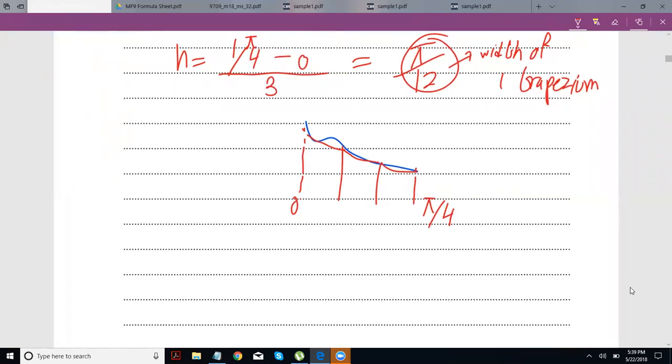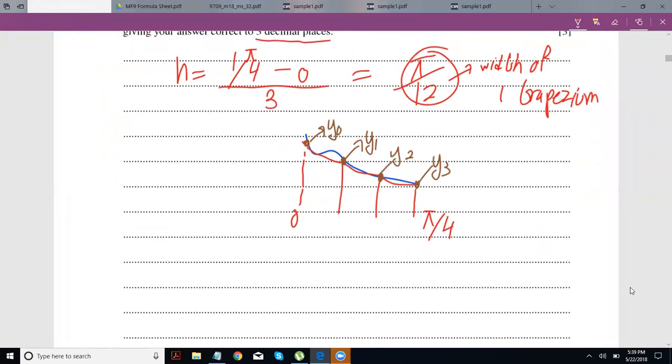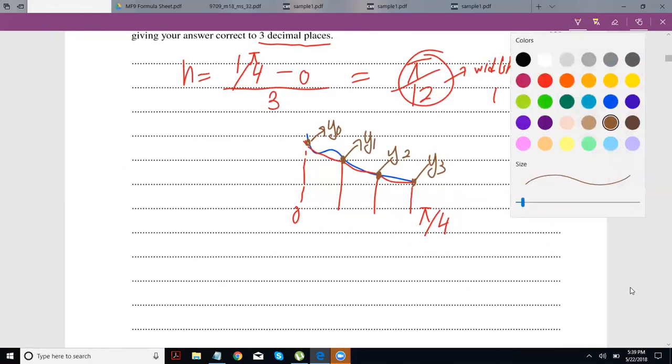It was never very artistic. You've drawn 3 trapeziums with equal widths, and what the formula wants you to do is figure out the corresponding y values of these intervals. So this would be y0, this would be y1, this would be y2, this would be y3, and you can simply do that by taking the x value and putting it into the formula.